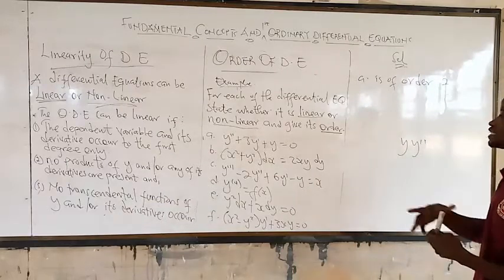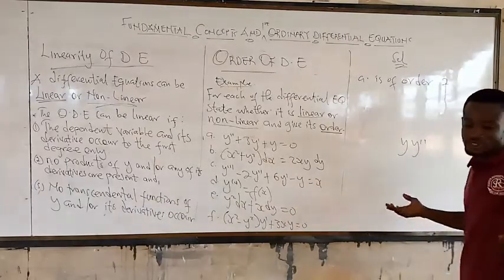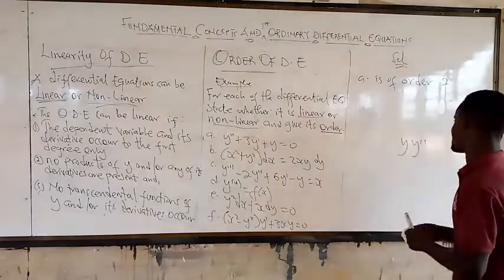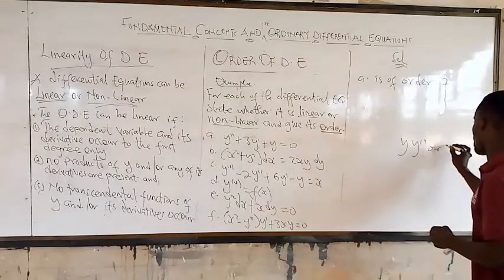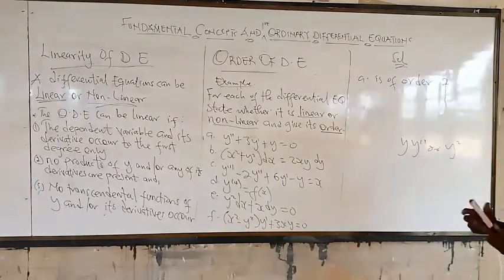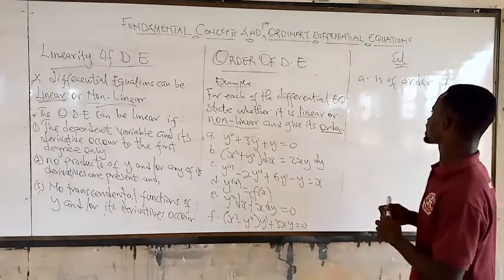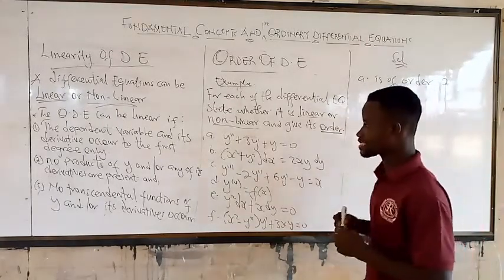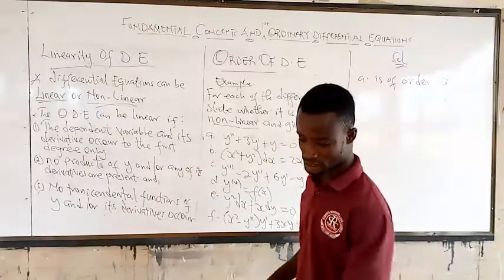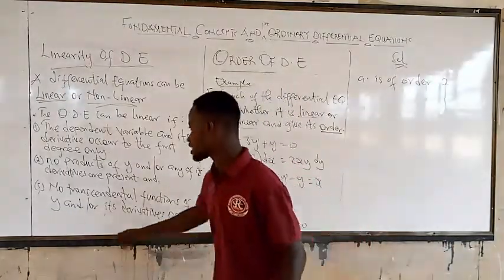We don't have such in it. Or y squared, we don't have such in it. And since we don't have such in it, we can say that the second condition is also met. Very good.